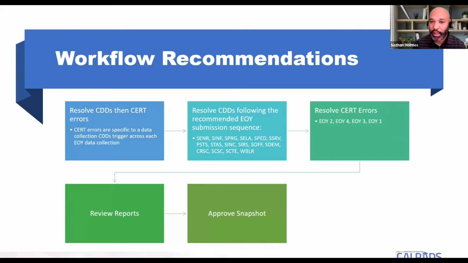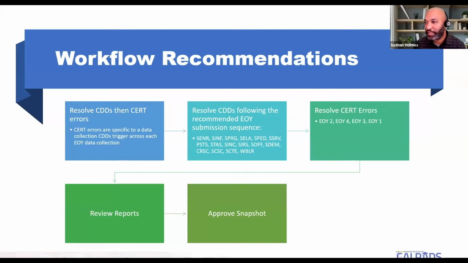And so I would think that it would be more beneficial to resolve those CDDs that are not triggering an error right now, those legitimate CDDs, target those first and resolve those first, because they have the potential to affect all those file types.